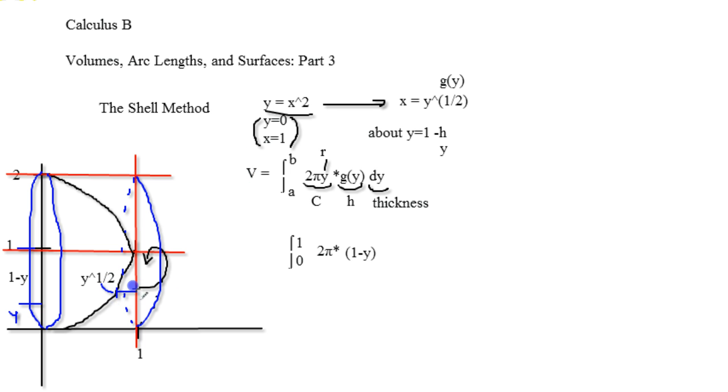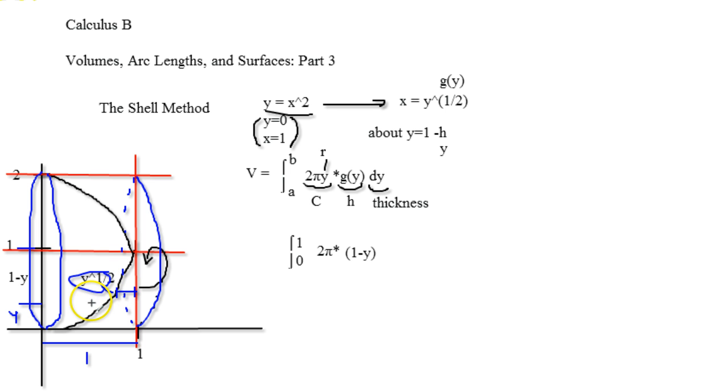Wherever this is, this length right here is going to be 1. And whatever this is, this will actually be the actual height, but it will be in terms of this function. So whenever I want to find the height of the function, I will take 1 and minus this function to get down to it.